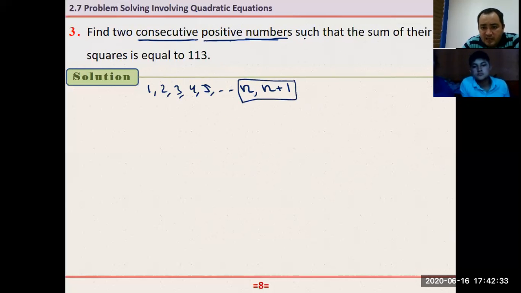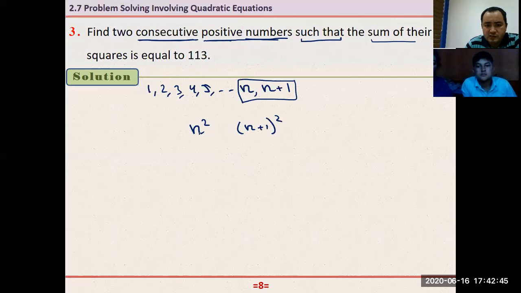And it says that the sum of their squares is equal to 113. Sum of their squares, these are their squares: n squared, square of the first number, n plus 1 squared, square of the second number. It says the sum of their squares, so here we have plus. That is equal to 113.